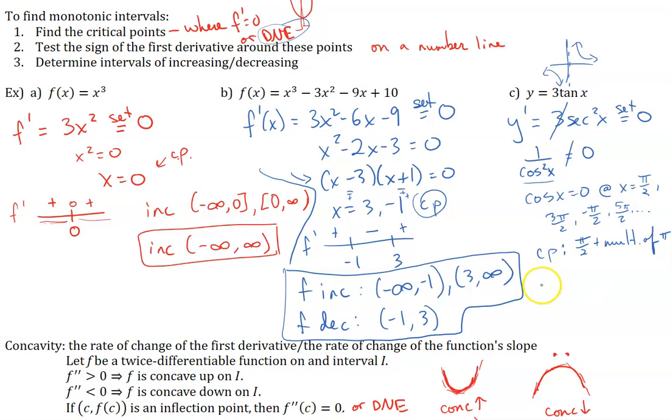Okay. So on a number line, I'm just going to put a couple of them to check. So let's do negative pi over 2. Positive pi over 2. To the left of negative pi over 2, now I'm checking secant squared or 1 over cosine squared. Go back to the derivative. 3 doesn't matter. So to the left of negative pi over 2, well, anything squared is going to be positive, so that's positive. In between these, again, something squared is positive.